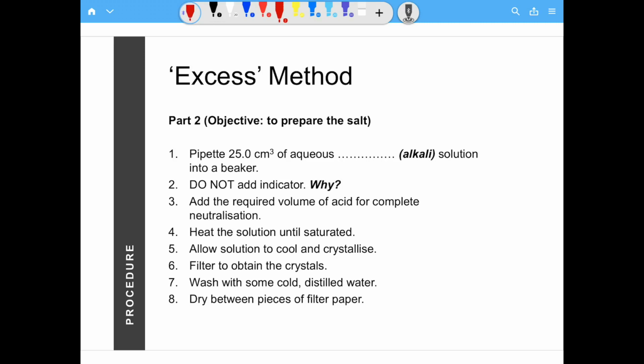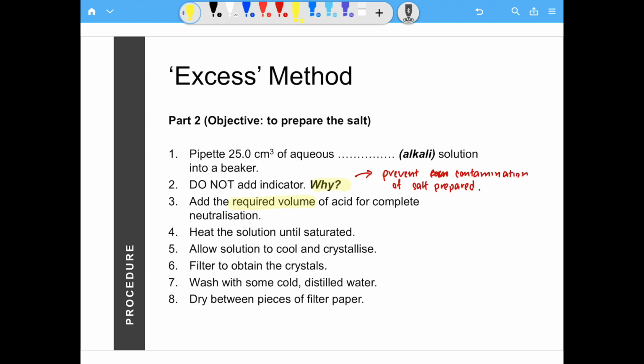In this case, if we were to add the indicator, it will contaminate the salt prepared. Now when we repeat the titration, we have already noted the volume of acid required to exactly neutralize the sodium hydroxide, so we add this volume of acid into the alkali.